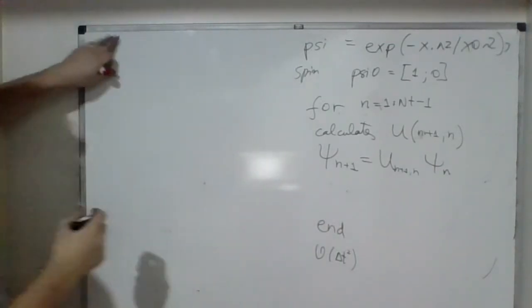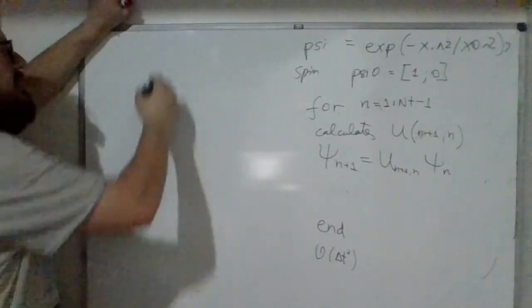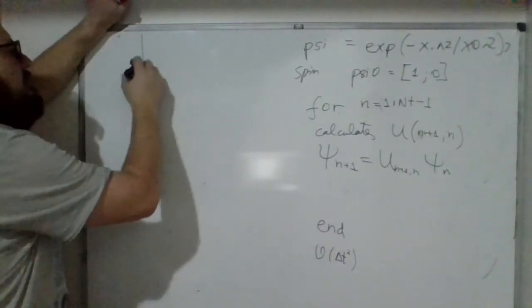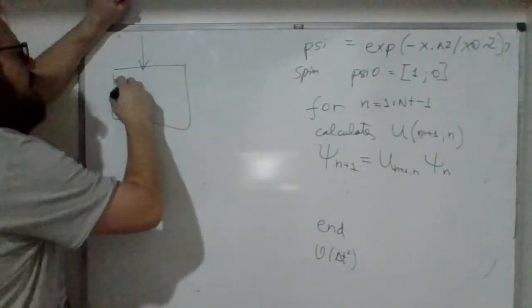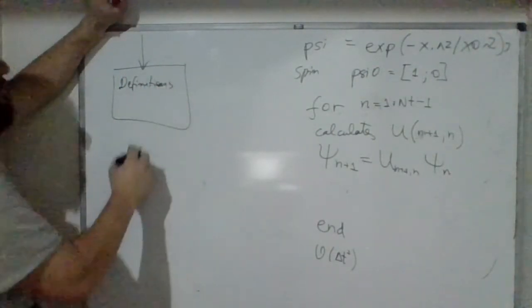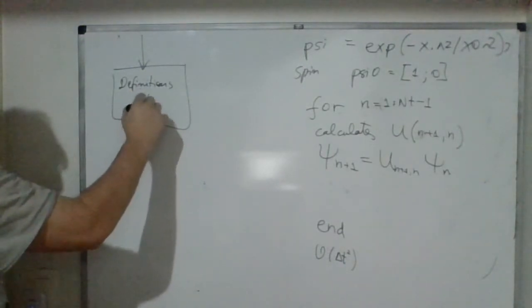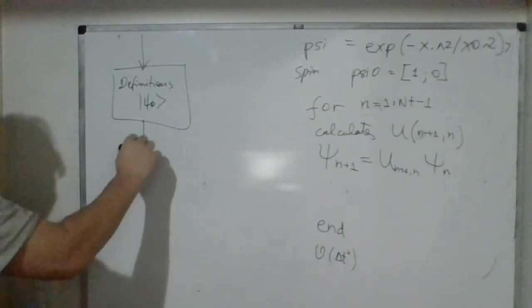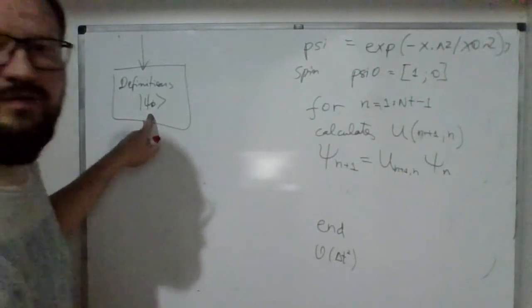Or if you want to write it in a different way, you have to define definitions, and then here you'll need to define your psi 0, because it's an initial state.